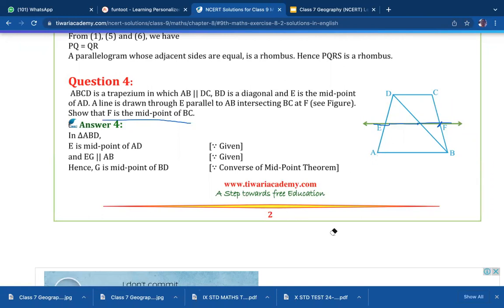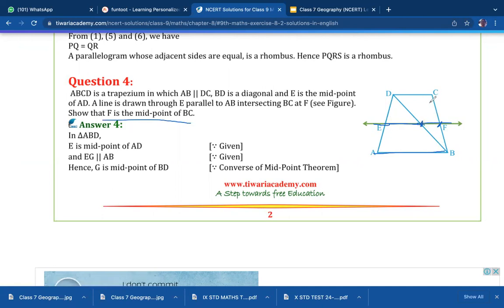We know that in triangle ABD, E is the midpoint, and you are drawing a line parallel to the second side. Then it will bisect the third side.